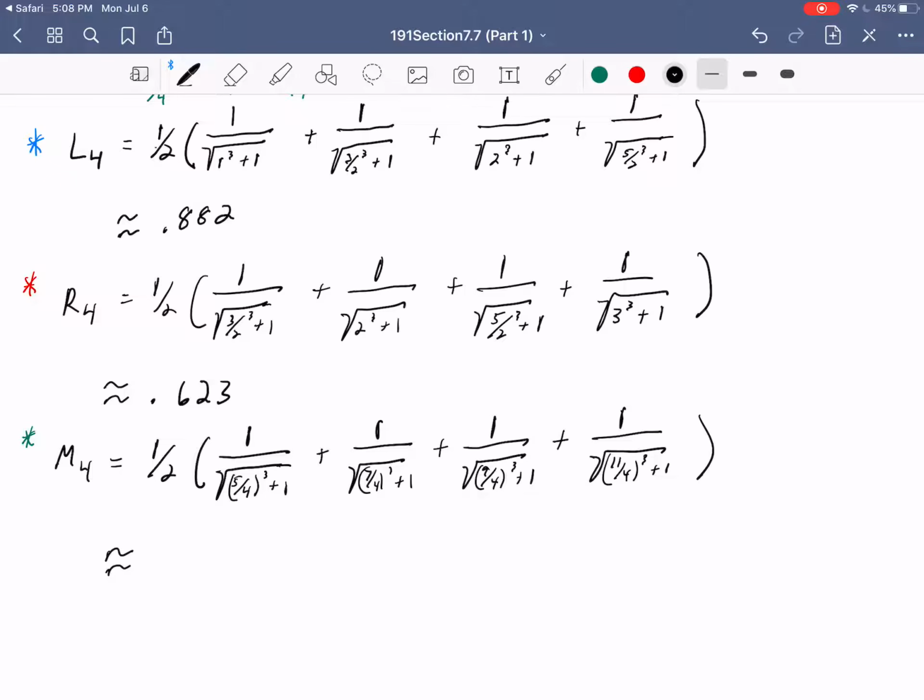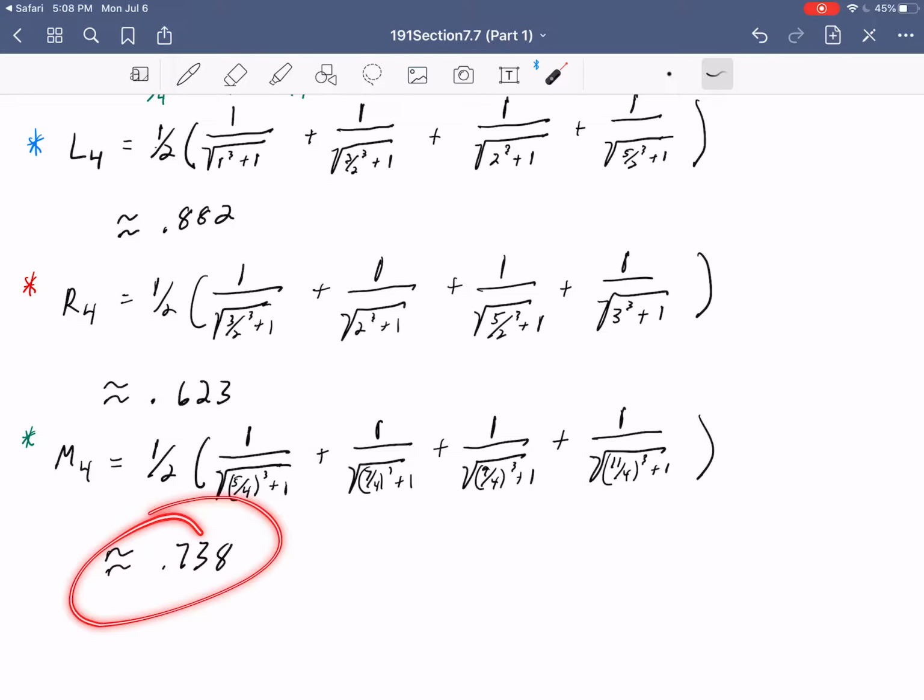If we go ahead and divide that by 2, it looks like we should come out with something about 0.738. Yep, about 0.738 there. So that's our midpoint approximation.